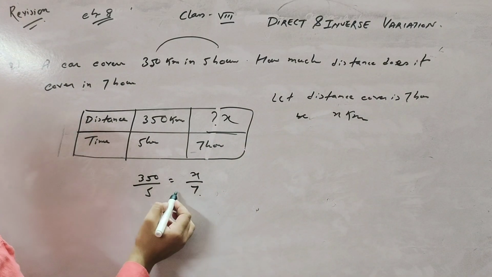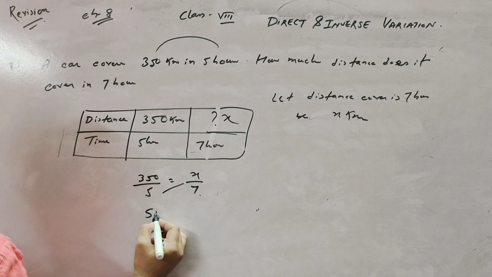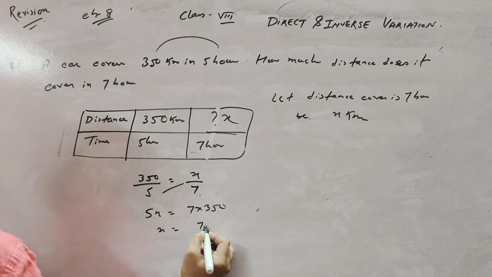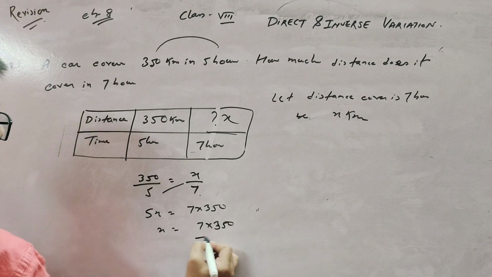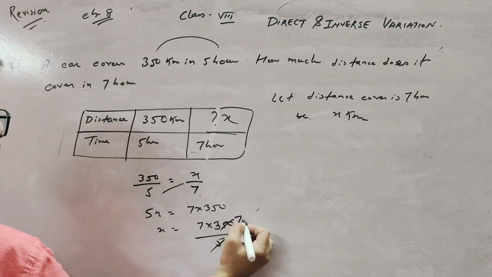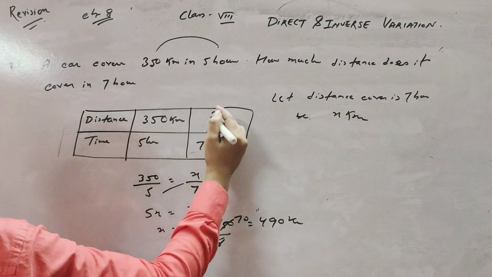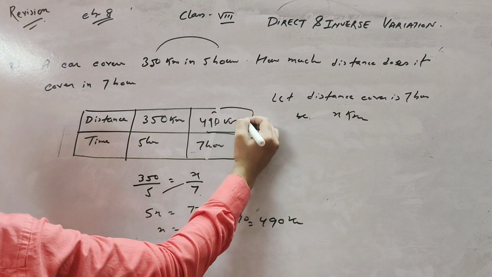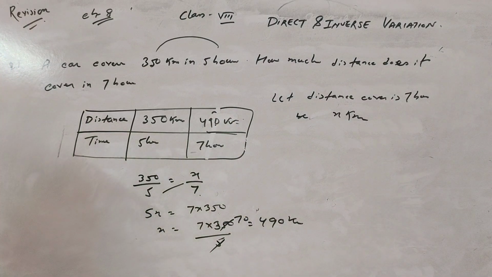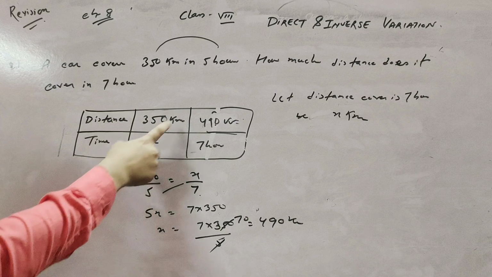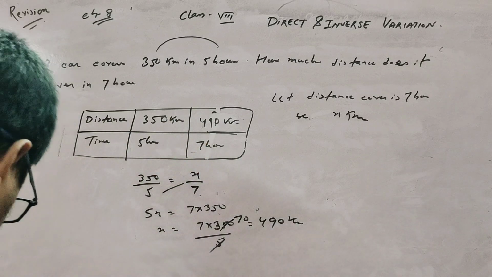Cross multiply, that is 5 into x and 7 into 350, so x equals 7 into 350 by 5, that is 490 kilometers. So 490 kilometers are traveled in 7 hours. This is directly variable, so we write this one by this one equals this one by this one.